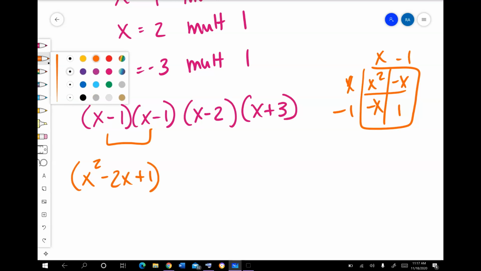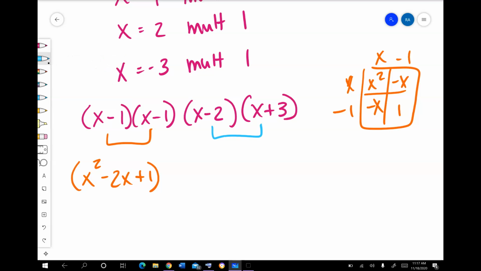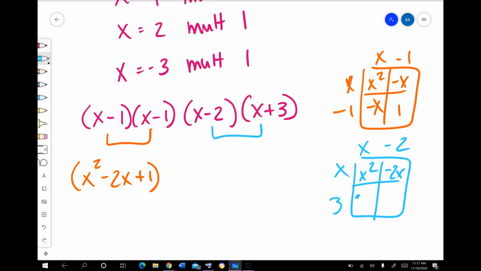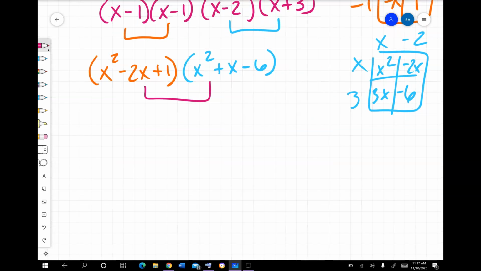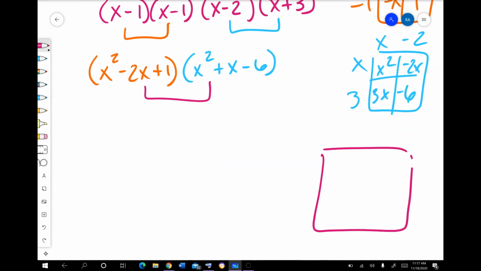Then I would box in the last two. I get x squared minus 2x, 3x, and negative 6. So now that's going to be x squared plus x minus 6. So then at the end, you only have to box in these two together. So that's going to be a 3 by 3.